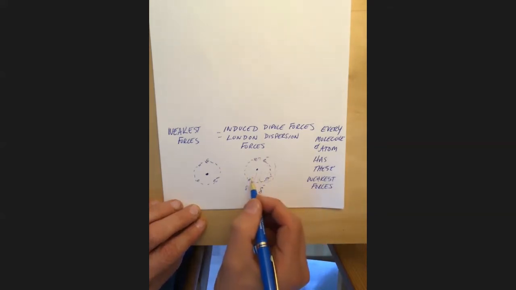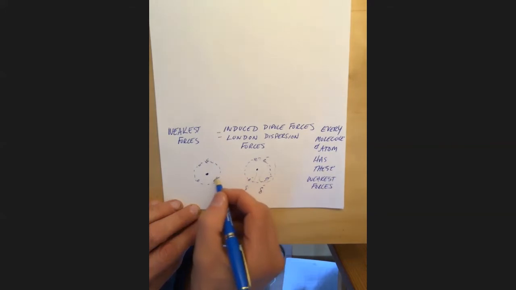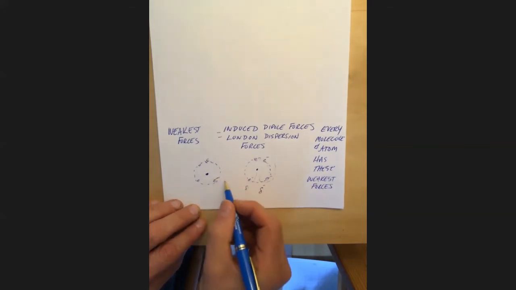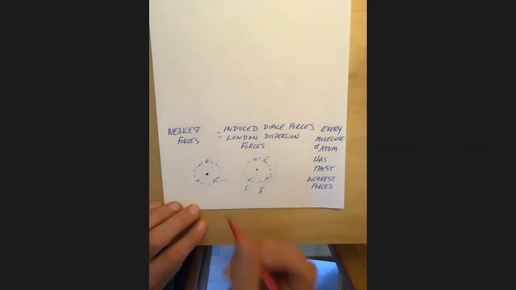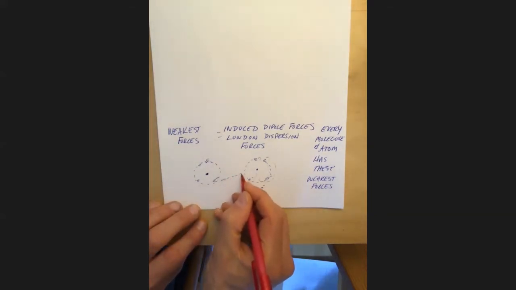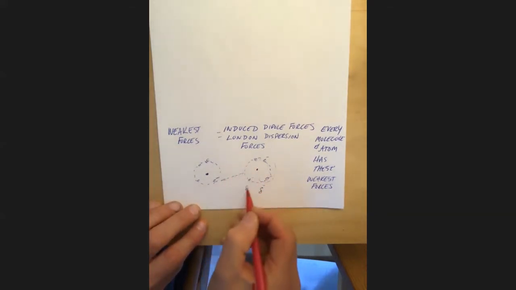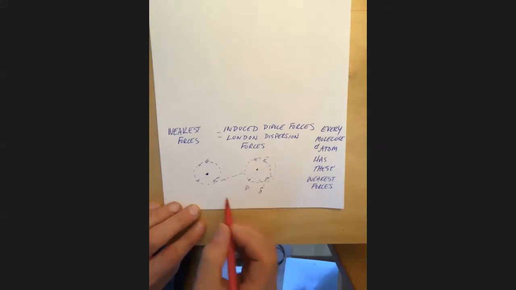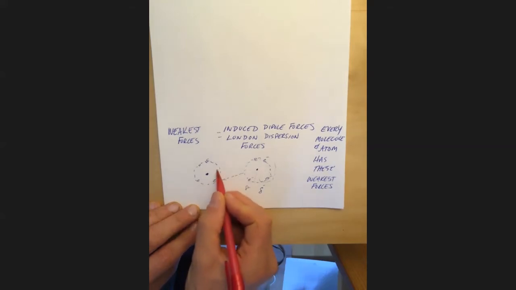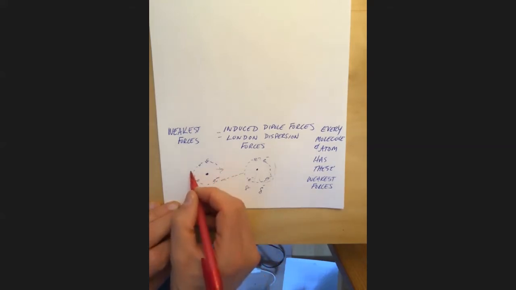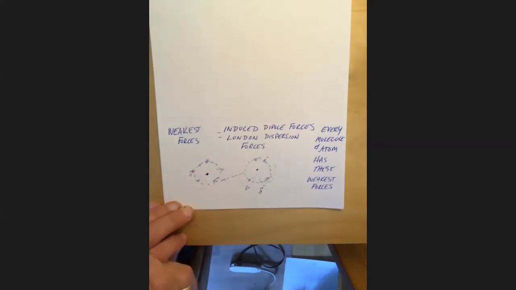And as soon as we have something that's positive over here, now in this adjacent molecule, which has a whole lot of electrons, those electrons can be attracted to this positive side of this element. And now the electrons over here are being drawn in this direction. So now this side of this atom becomes slightly positively charged.